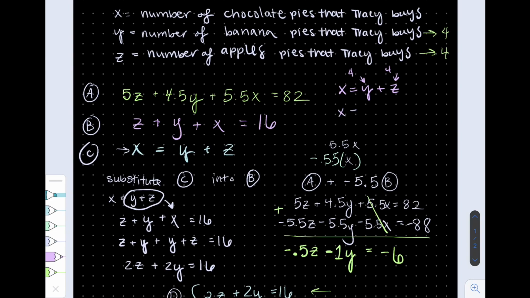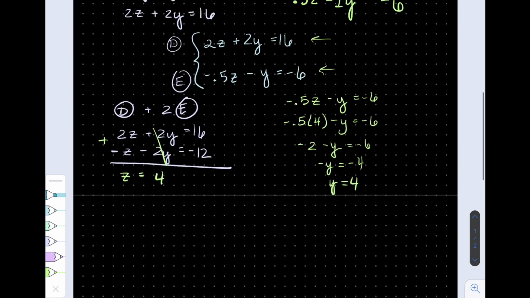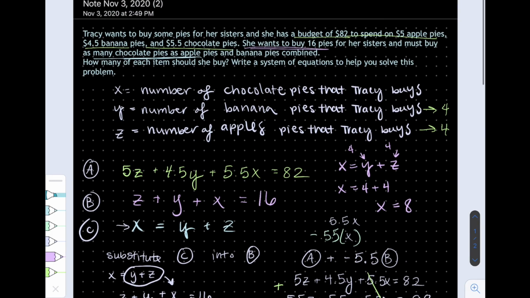So x equals 4 plus 4. x is going to equal 8. So our final answer would be that Tracy will buy 8 chocolate pies, 4 banana pies, and 4 apple pies.